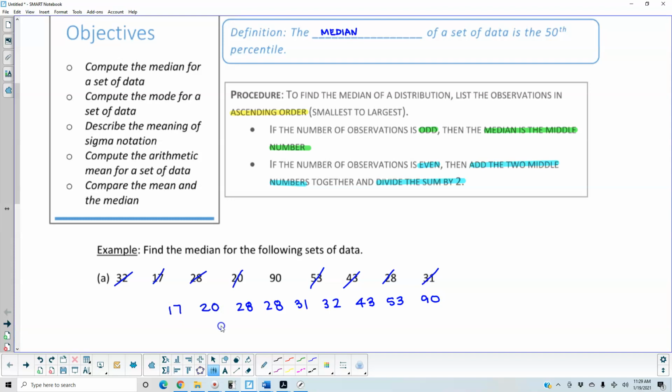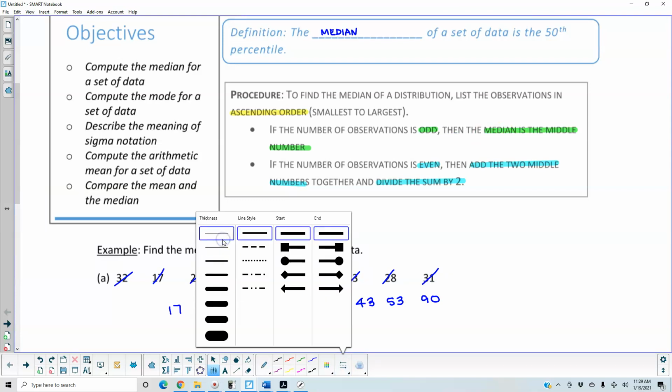Because there are 1, 2, 3, 4, 5, 6, 7, 8, 9 numbers, that means the number of observations is odd. Then the median is going to be the middle number.